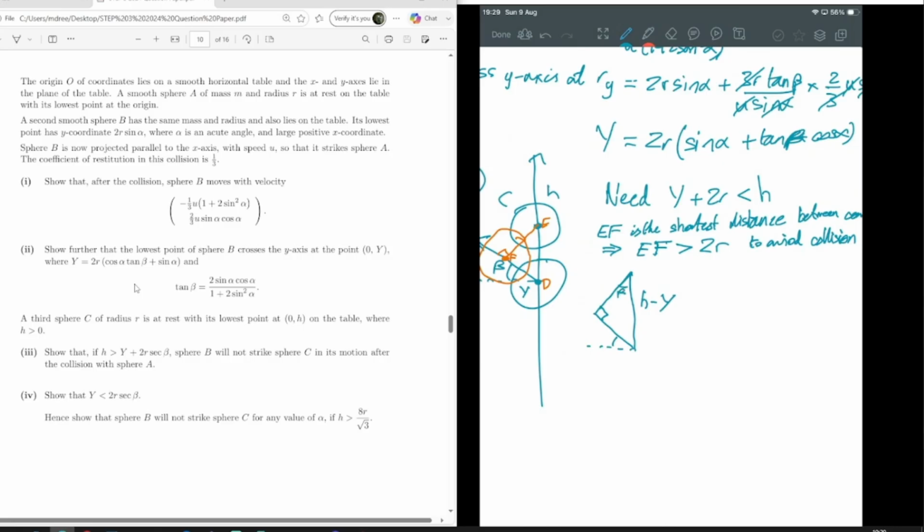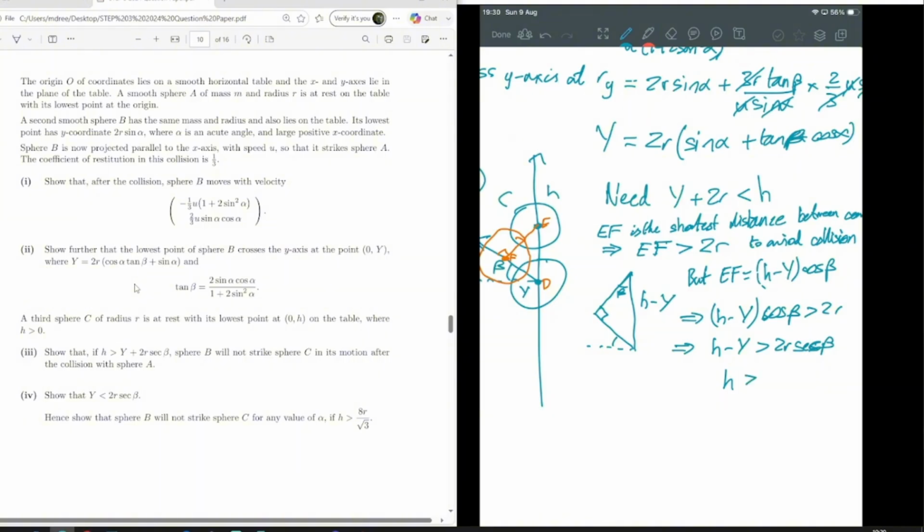So this angle here is beta. But EF is (h minus y) cos beta, and that's where my sec is going to come in. So that means that (h minus y) cos beta has to be greater than 2r. h minus y is greater than 2r sec beta.